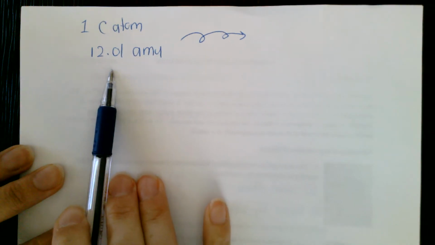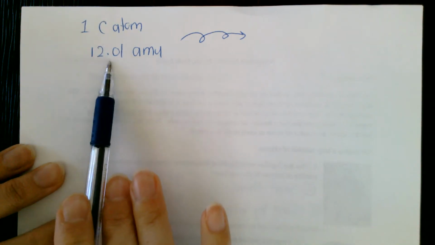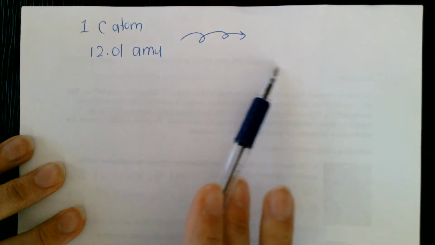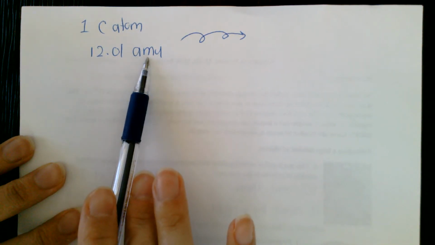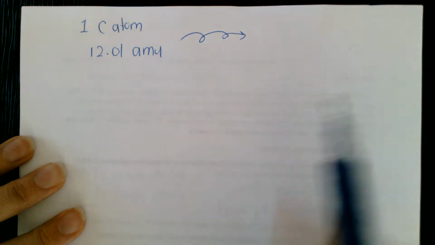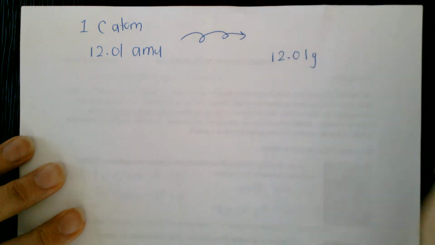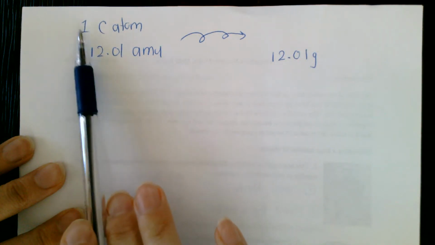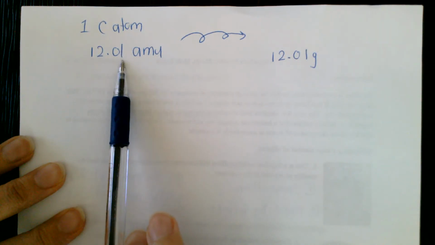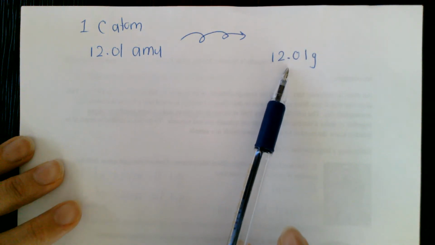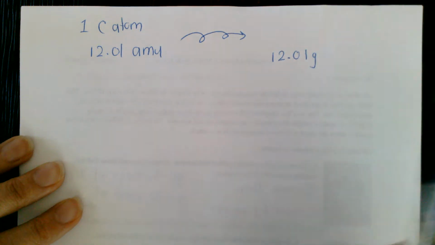So what they did on the larger scale is said, since we have this number that represents carbon, we want that to represent carbon all the time. So we're just going to take this AMU and bring it to a larger scale of grams. So 12.01 grams. So now the question is, for one carbon atom to get 12.01 AMU, how many carbon atoms would we need to bring that number from AMU to grams?